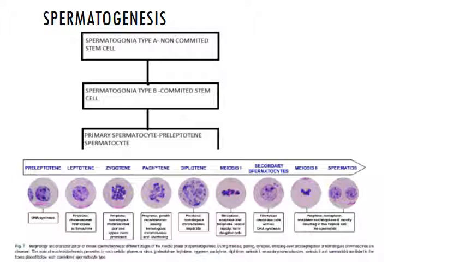These secondary spermatocytes undergo meiosis 2 division and finally give rise to spermatids. So the entire process from the spermatogonia to the spermatid, we call spermatogenesis.